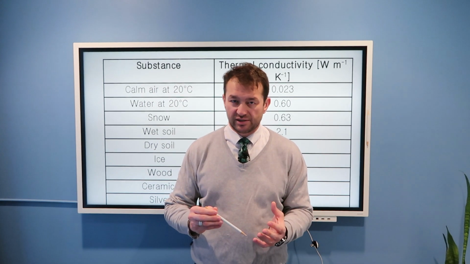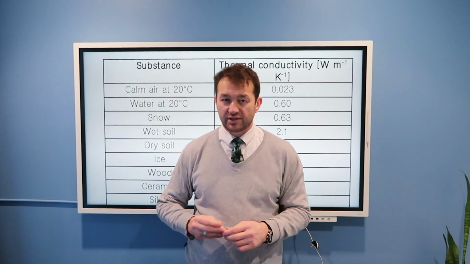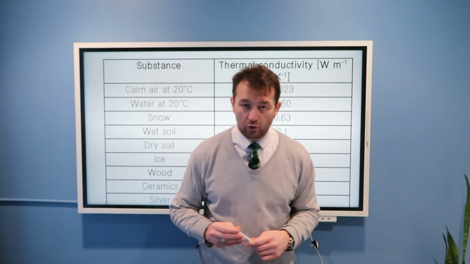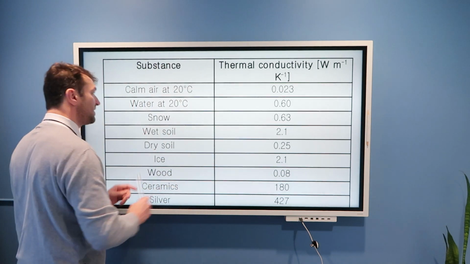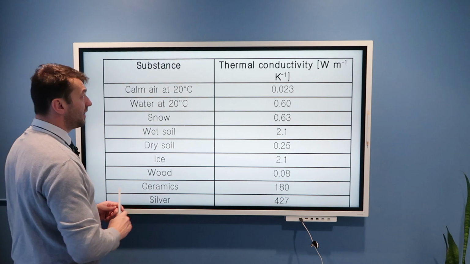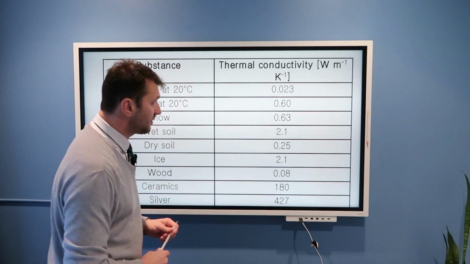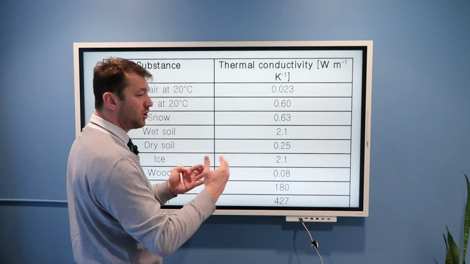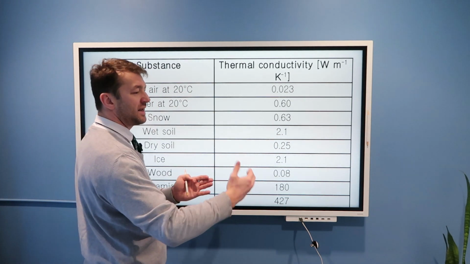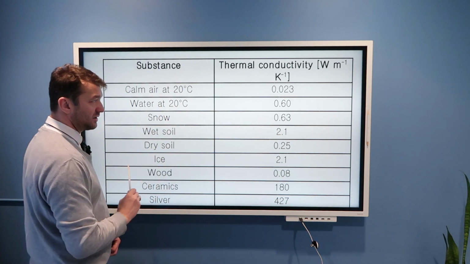Now, some substances are very good conductors of heat in this way. Some substances are very poor conductors of heat. Here I have a table, and this table has in the left column substance, in the right column thermal conductivity coefficient, which quantifies how good a material is at conducting heat. And we have calm air at 20 degrees Celsius.